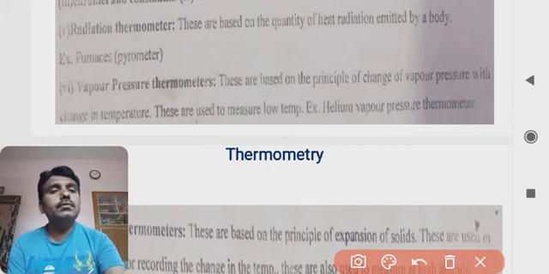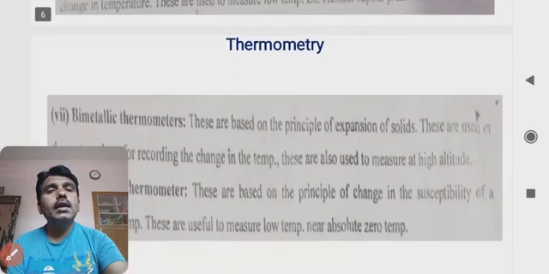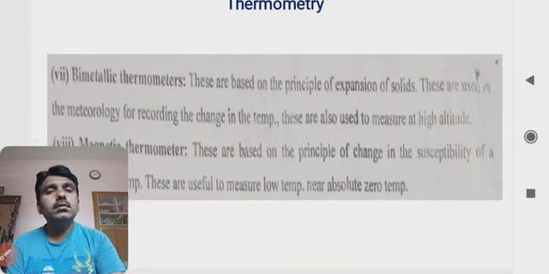Another one is known as metallic thermometers.